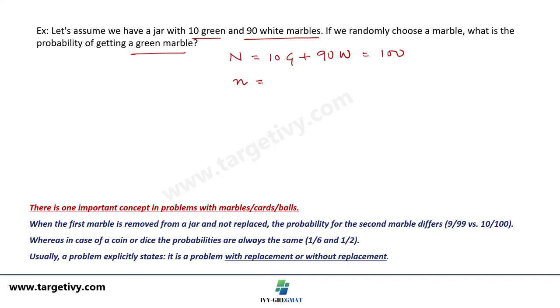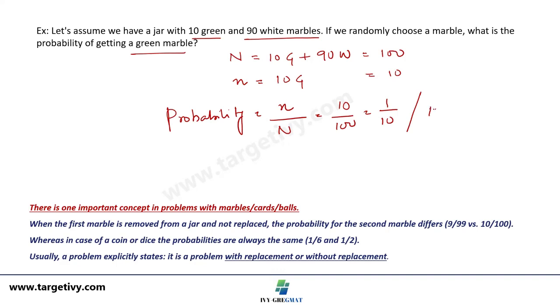The small n, the actual occurrences, is the total number of green marbles, equal to 10. So the probability is equal to n by N, 10 by 100. This is 1 by 10, or we can say it's 10%.